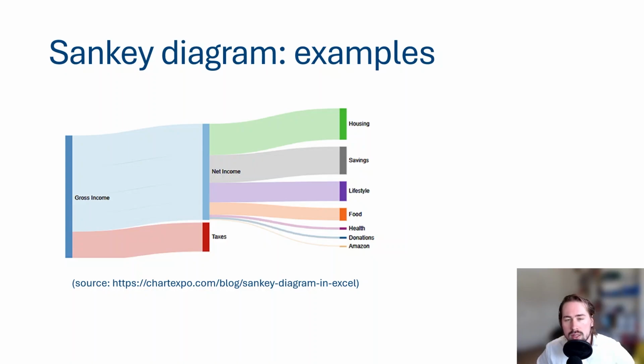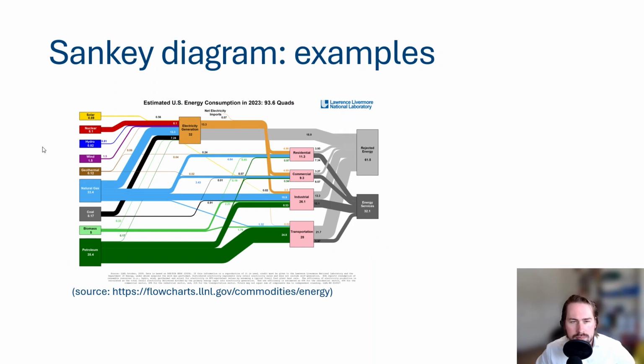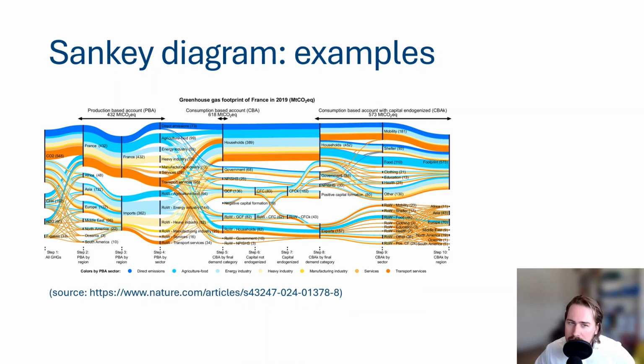You can also do it for more complicated energy systems. So this is, for example, a flow chart of the energy consumption in the US with the different sources of energy and how they are used residentially, industrial, transportation, etc. So it's very powerful to visualize complicated things, and it can become really complicated.